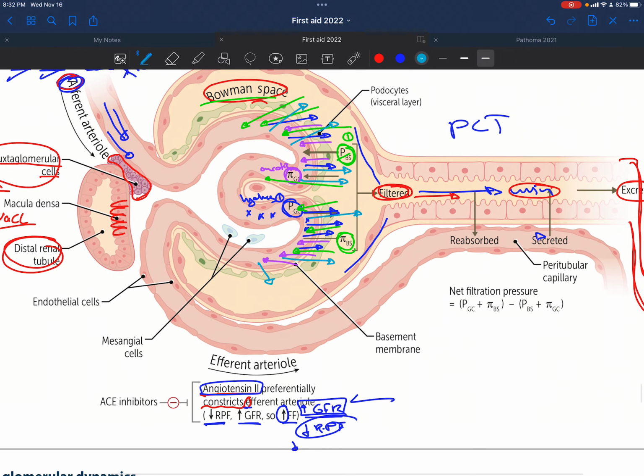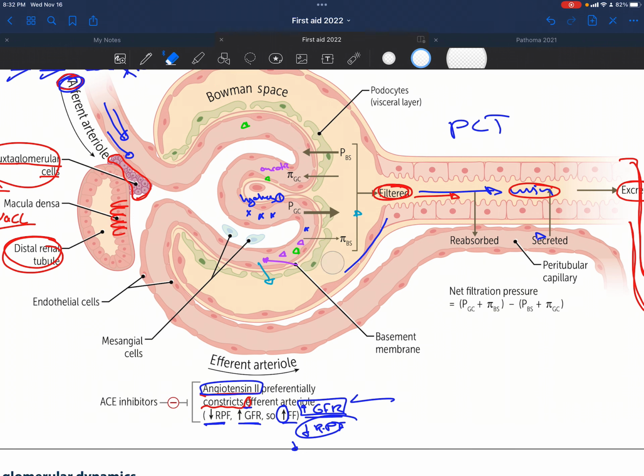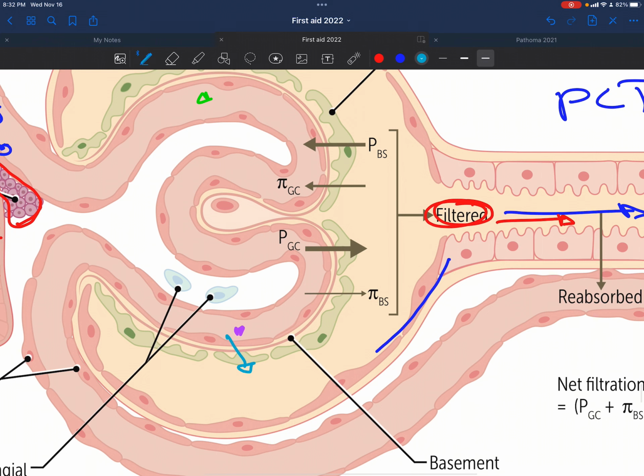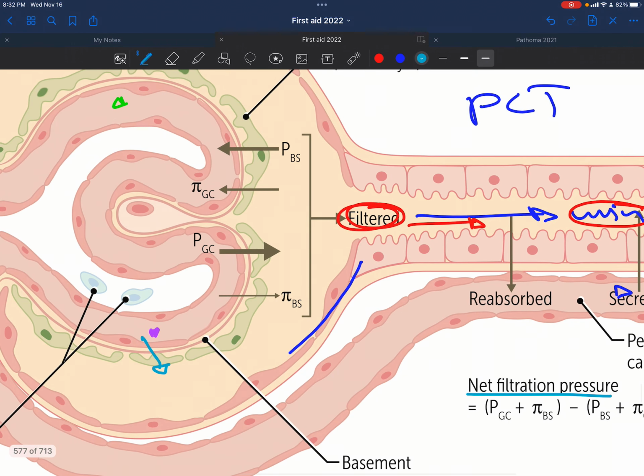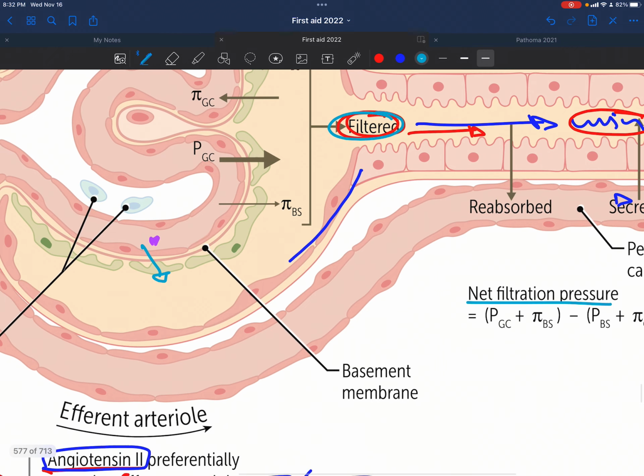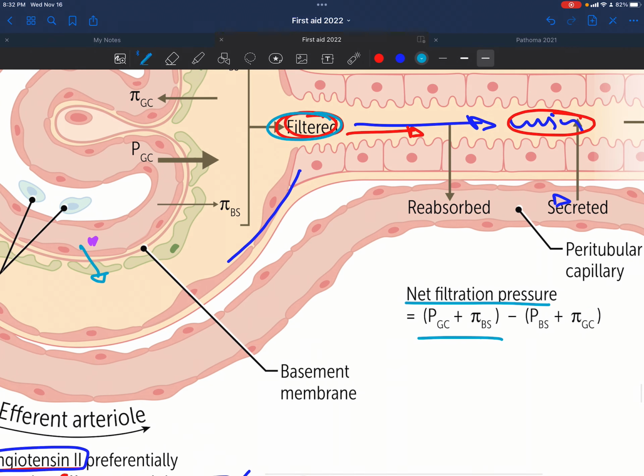So basically what we're saying here is that it's a battle between four pressures, where each two are going in the same direction. The net filtration, the amount of filtered solutes, is determined by this pressure difference.